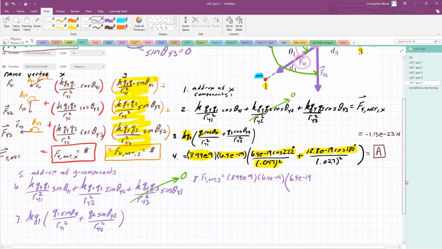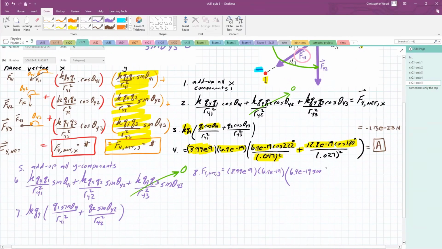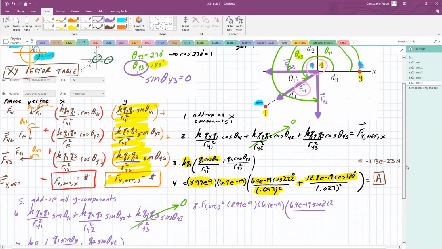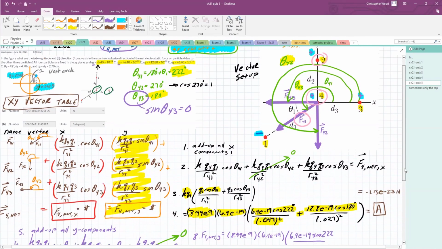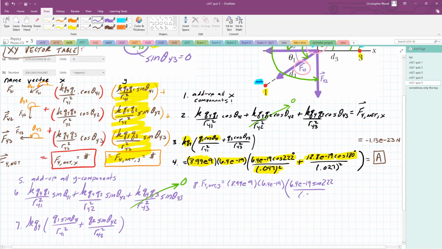All right, so then to continue, times sine of theta 41, sine of 222, all over the distance between 1 and 4, and that's still the same. That's still D1. D1 is the distance between 1 and 4, and that is 0.047 meters, squared. Okay, plus Q2.